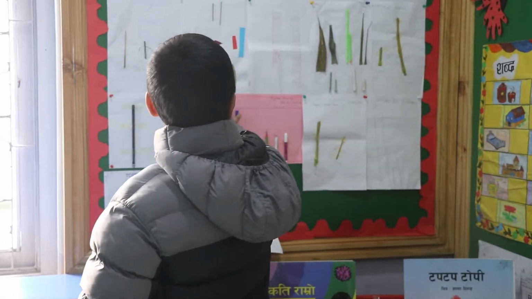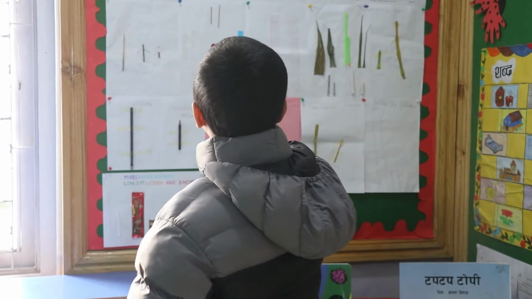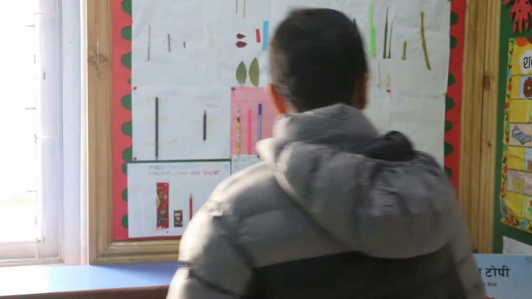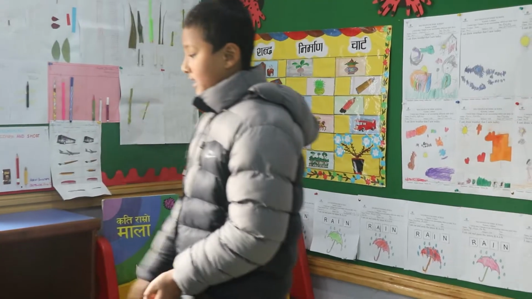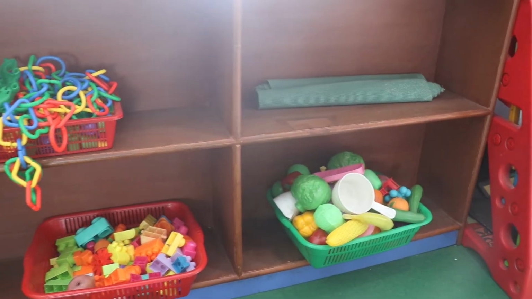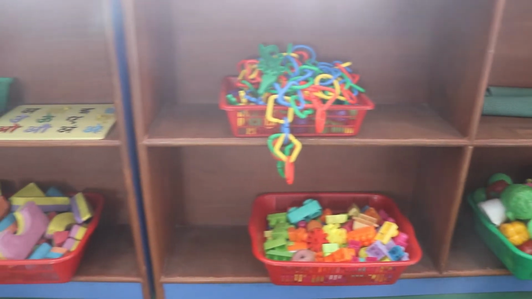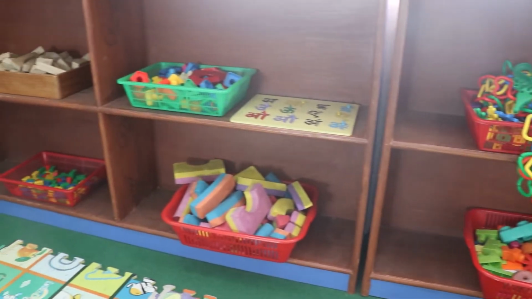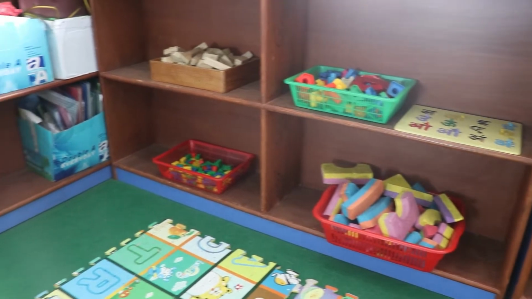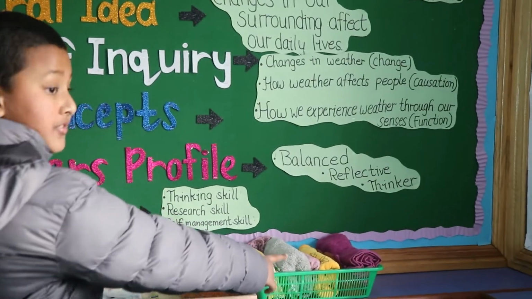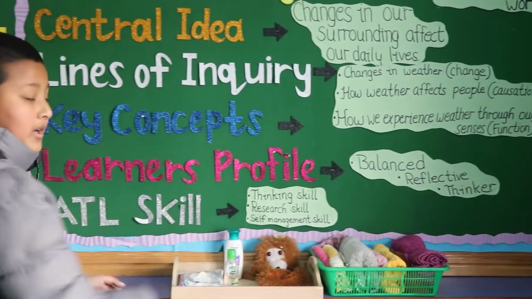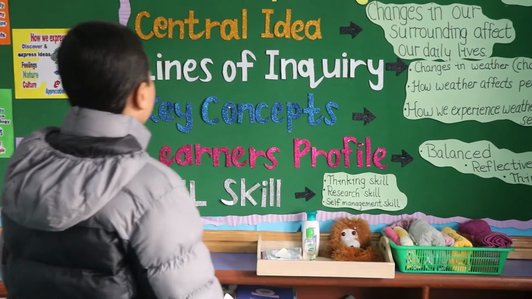The math activity work done by P1 is kept here, and this is a mini library of P1, and this is the playing station of P1, and the students can play and develop their mind.